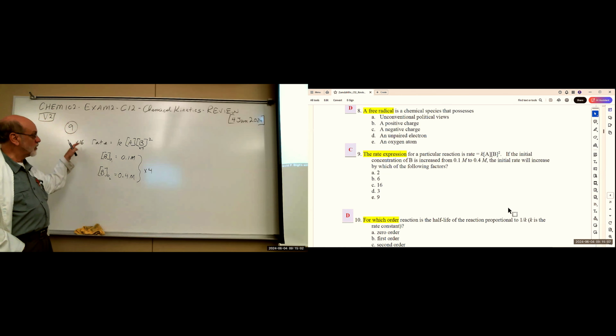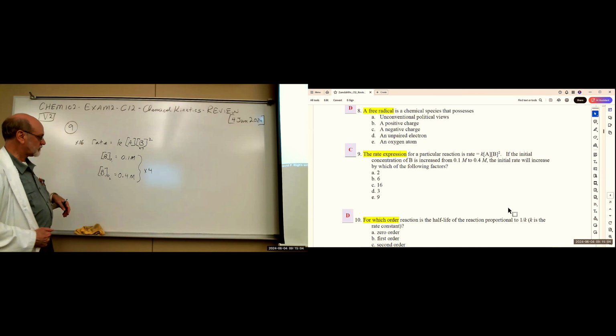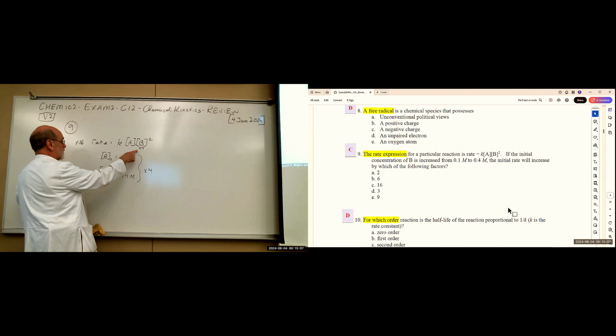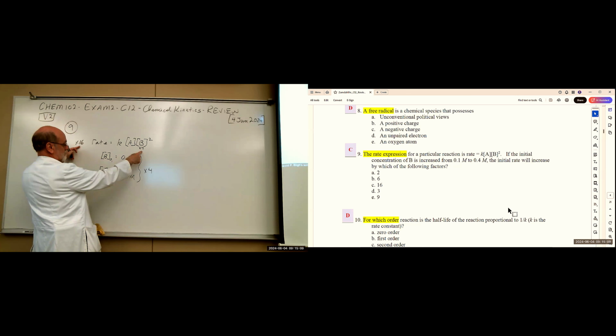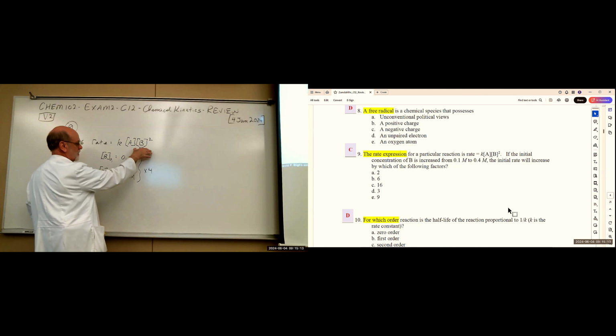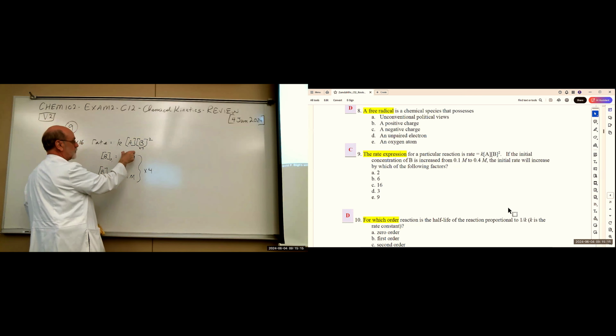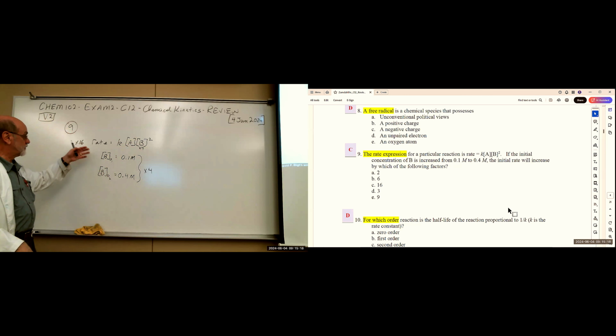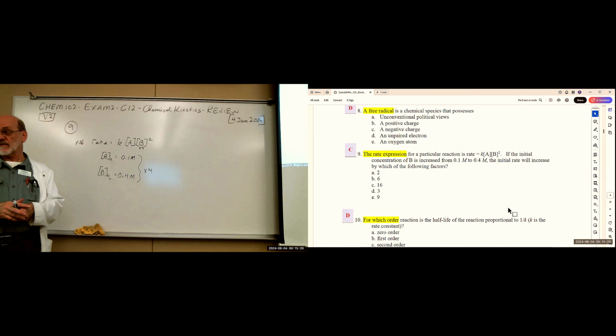And this is another way of expressing that. When you have second order, you're going to square the speed of the reaction by the increase in B. If it was A, it would just be 4 times, because it's to the first power.